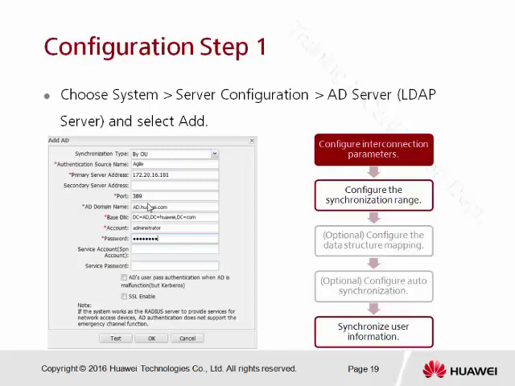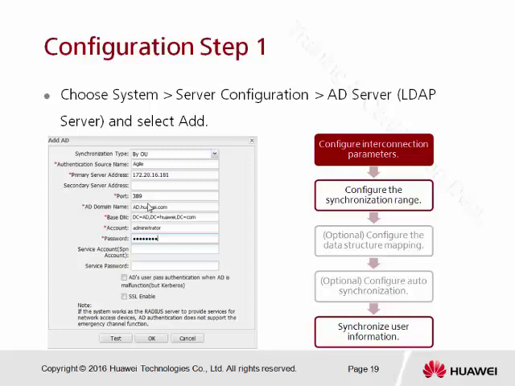Then enter the primary server address from your AD. For all AD servers, you're going to use the default port number, which is 389. Then followed by the AD domain name. You can see from here that the domain name is ad.huawei.com. So how are we going to configure the base DN?